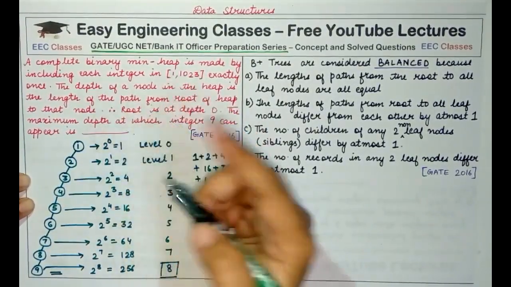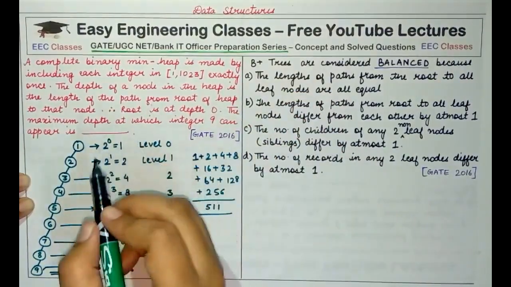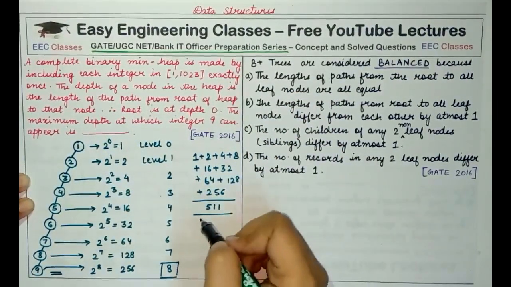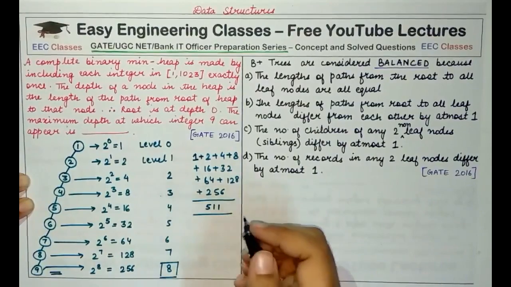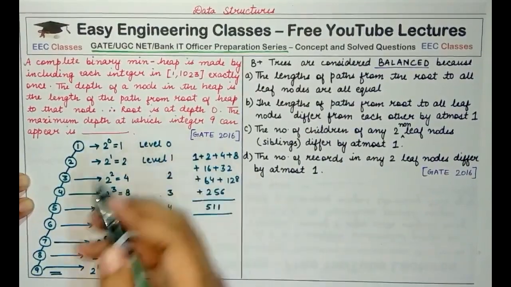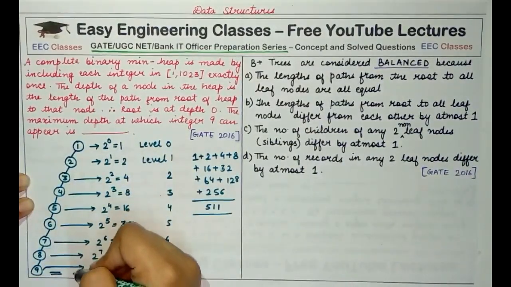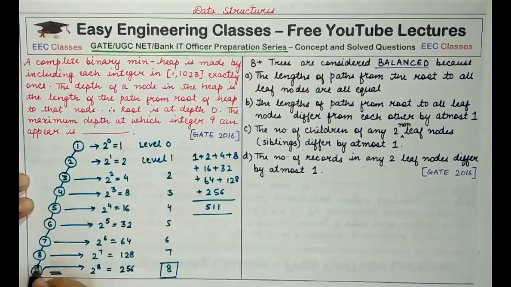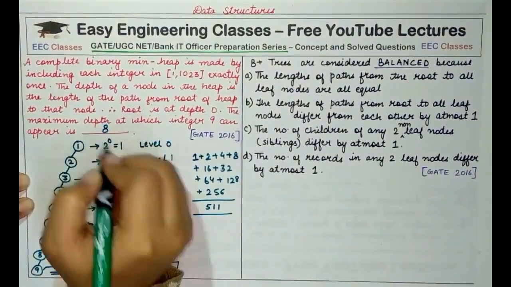You cannot go beyond this range. Using the numbers within this range, around 511 or 512 numbers, we can make this complete binary min heap and place 9 at the maximum depth of 8. So this is possible, and the answer would be 8.